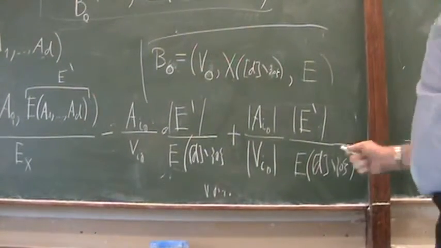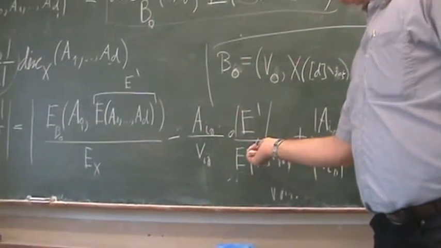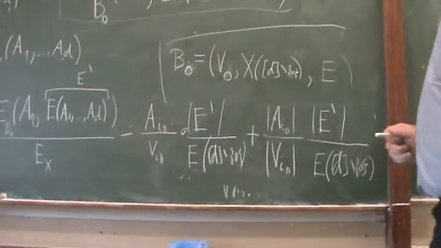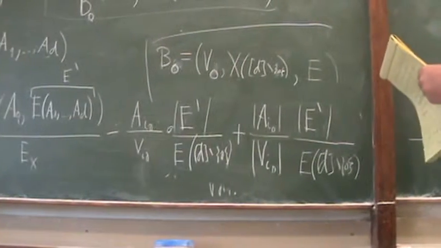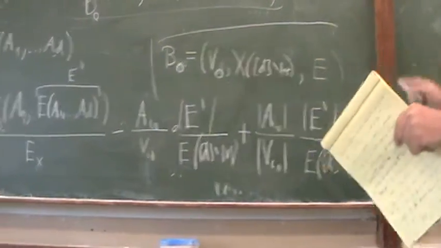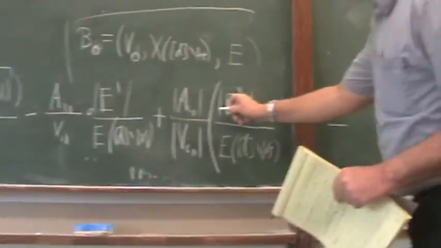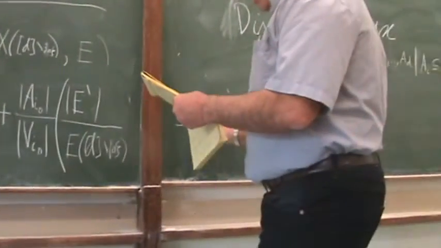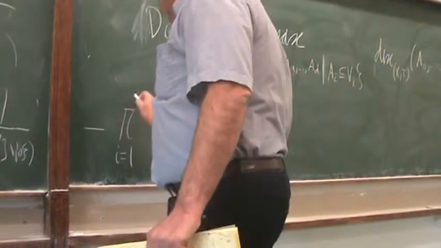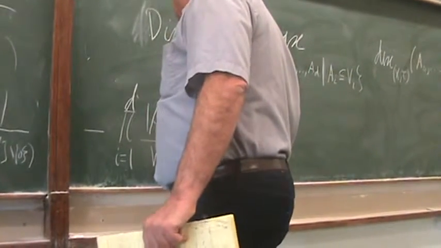So I subtract something and I add something. Plus this, in brackets here, minus the product I goes from 1 up to D of AI divided by VI.